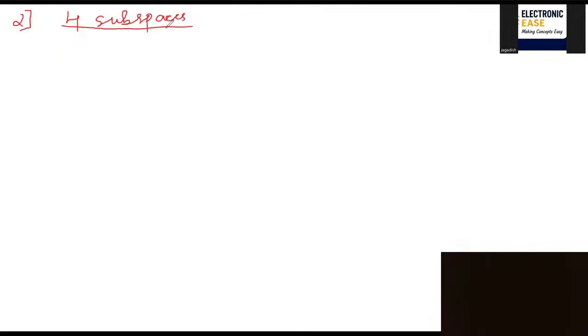The first one being the column space. So what is the meaning of column space, students? What do we call column space?